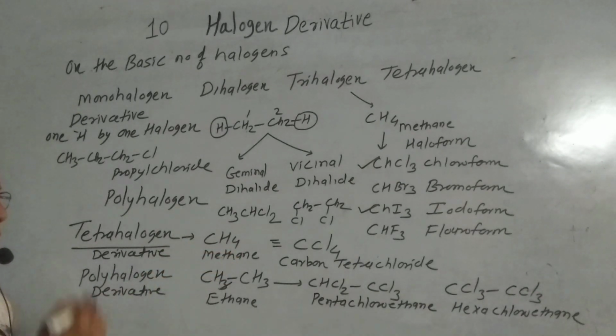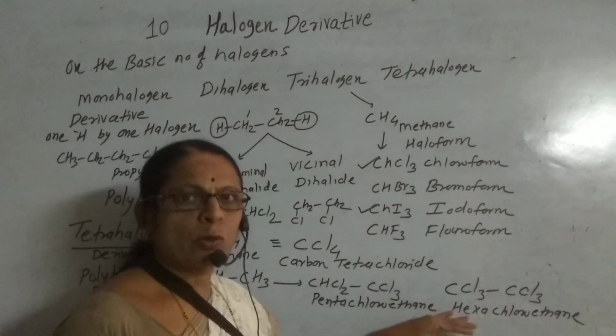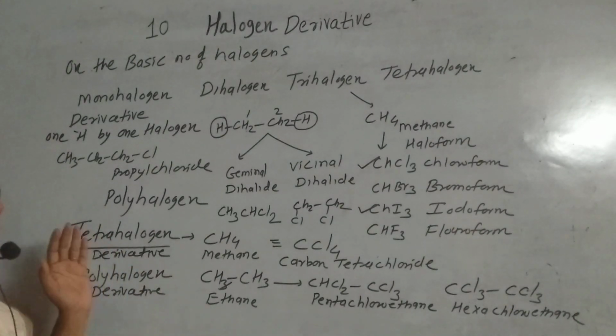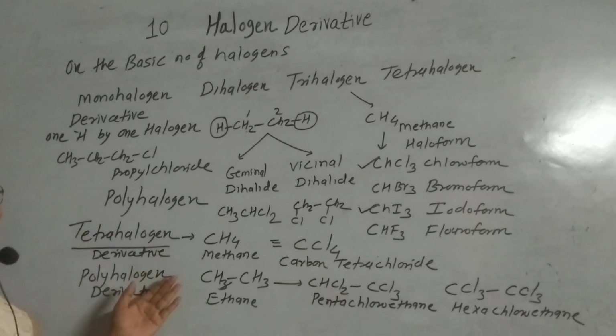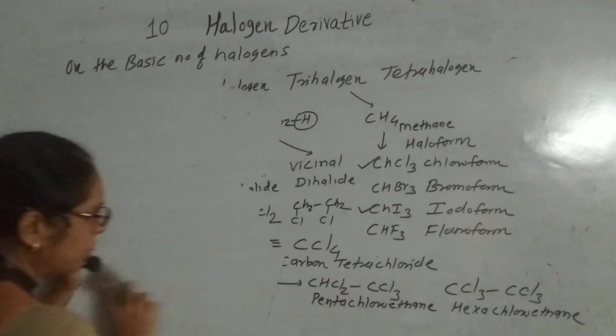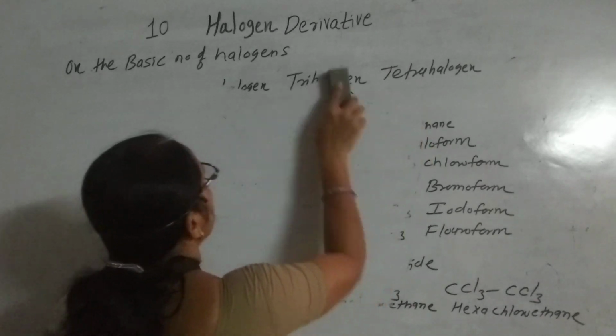If it has 5 or 6, they are pentahalogen or hexahalogen. So monohalogen and polyhalogen you can consider broadly depending upon the number of hydrogens replaced by halogens. This is the classification of the organic compound on the basis of the number of halogens it possesses.